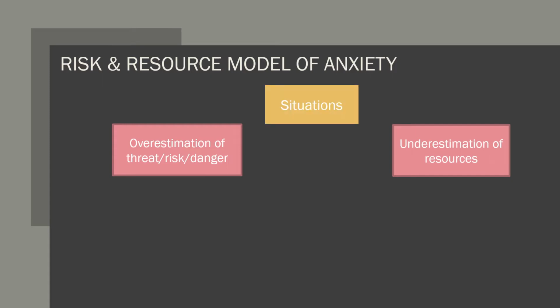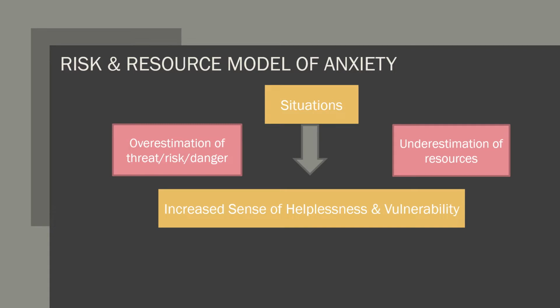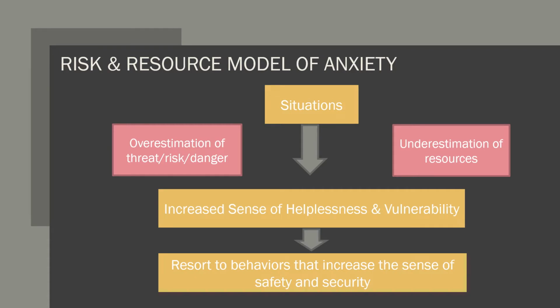So when there are triggering situations, the clients overestimate danger while underestimating their ability to cope with it. They have an increased sense of helplessness and vulnerability, and because of that, clients always resort to behaviors that increase the sense of safety and security, which I'll talk more about later.